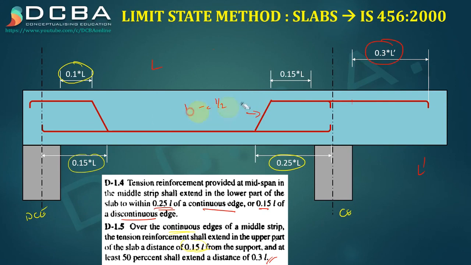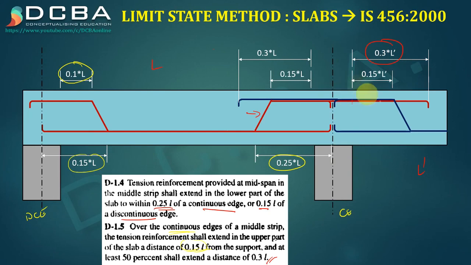The same is done from the adjacent slab as well. This is 0.15 L dash, and this is 0.25 L dash, and half of this will again be taken to 0.3 times L in this slab. So I hope you got what we are exactly doing.